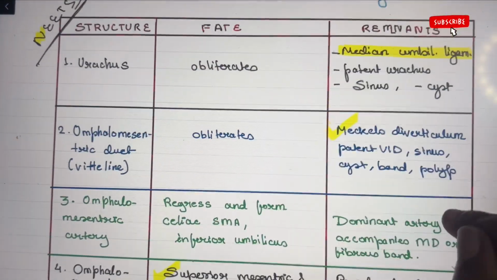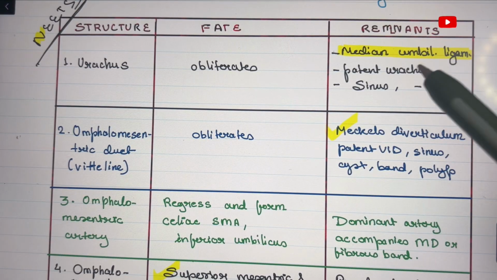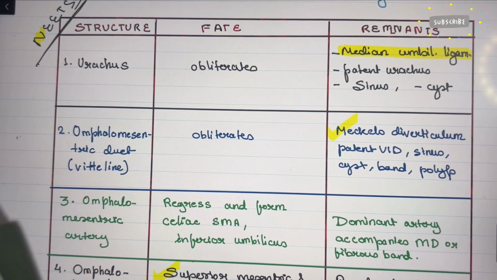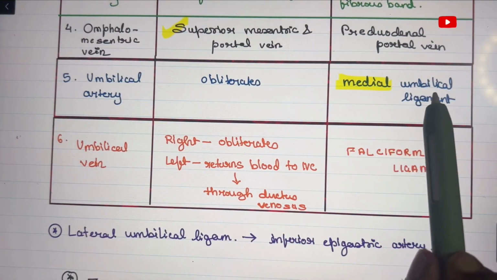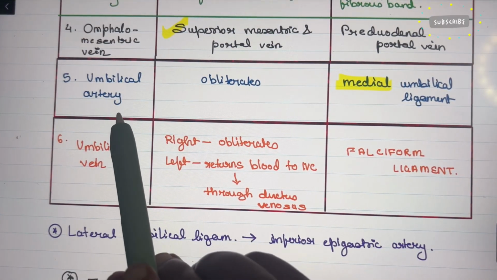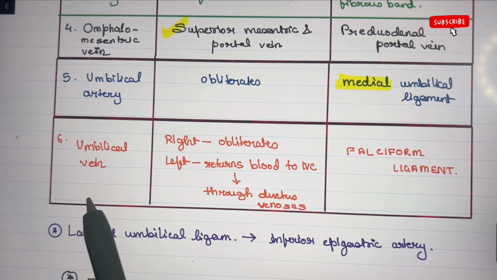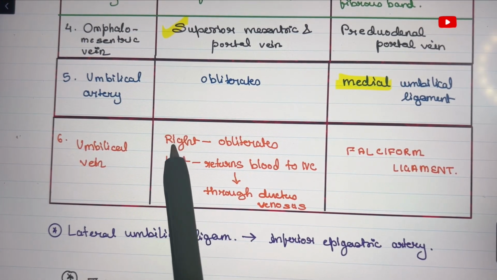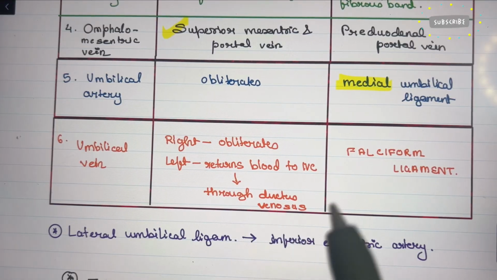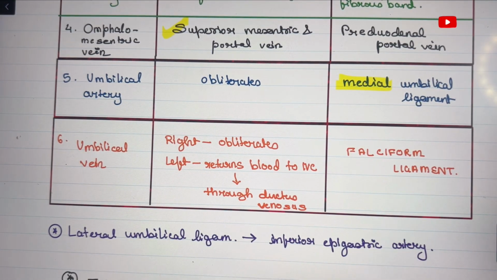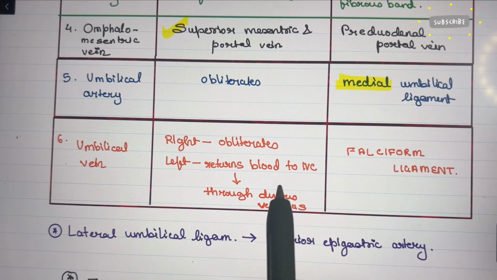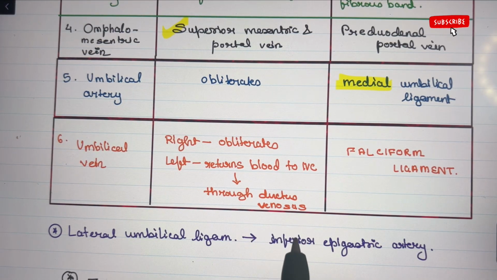So we have the median umbilical ligament, which is a derivative of remnant of urachus, and we have the medial umbilical ligament, which is a remnant of umbilical artery. And we have umbilical vein. Remember, there is right and left umbilical vein. And right umbilical vein obliterates and left umbilical vein remains and returns the blood to IVC through the ductus venosus.